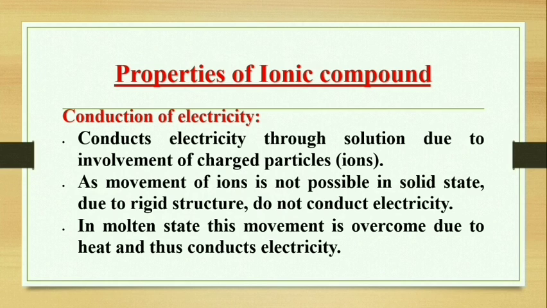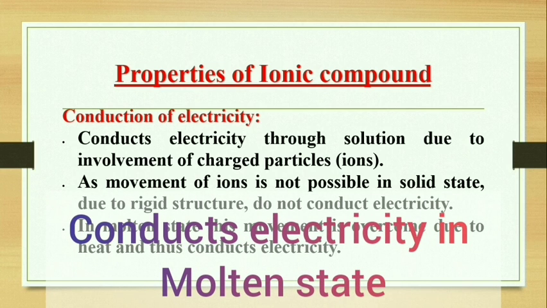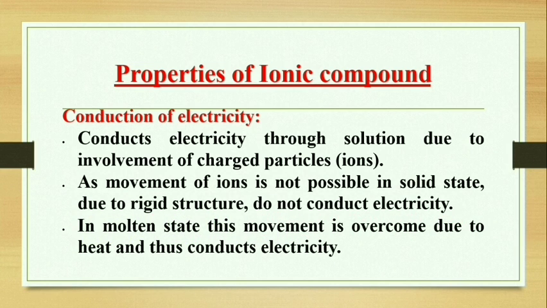As the movement of ions is not possible in the solid state due to the rigid and fixed structure, they do not conduct electricity in the solid state. But in the molten state, the movement of the ions is possible, as the rigidity is overcome by heat, and thus they conduct electricity. So we can say that ionic compounds conduct electricity in the molten state rather than the solid state.